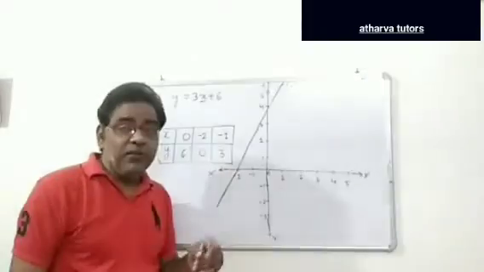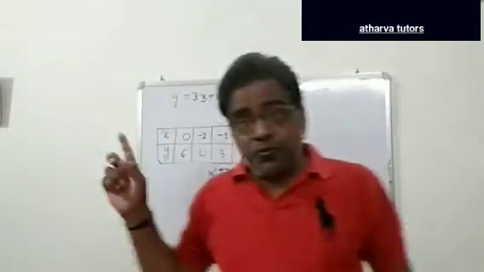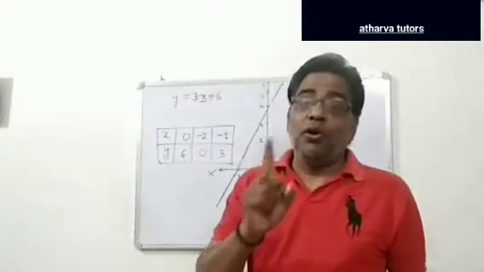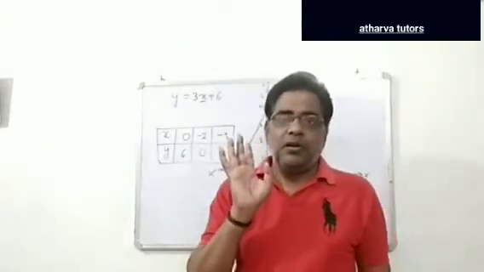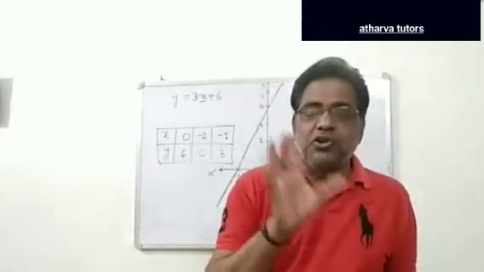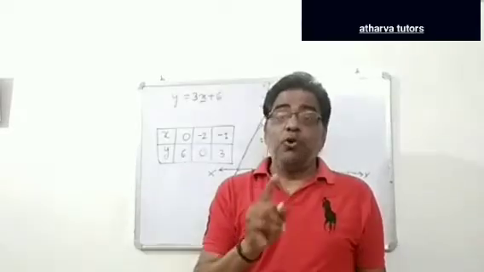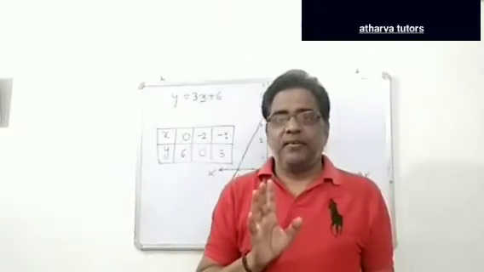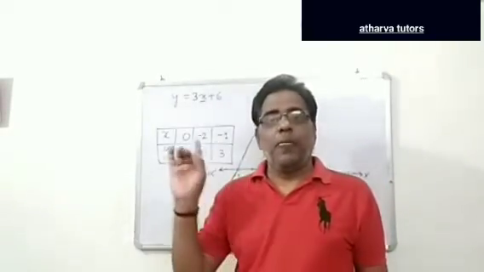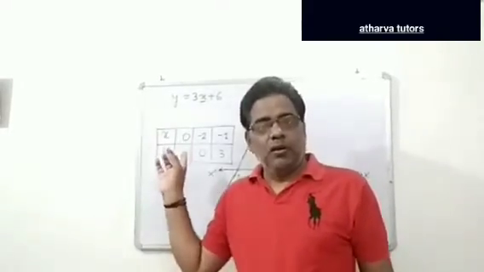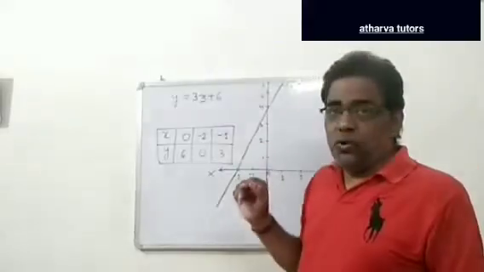What does it mean? It means that this linear polynomial will have only one 0. That is to say, there will be only one value of x which will make the polynomial equal to 0.